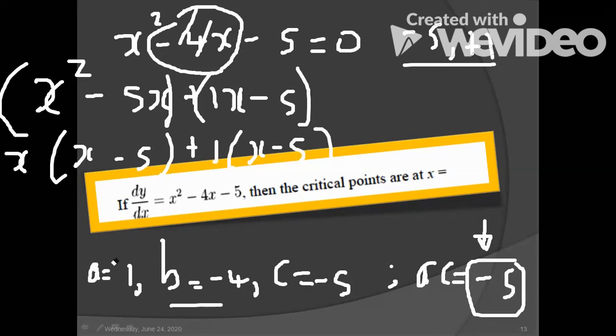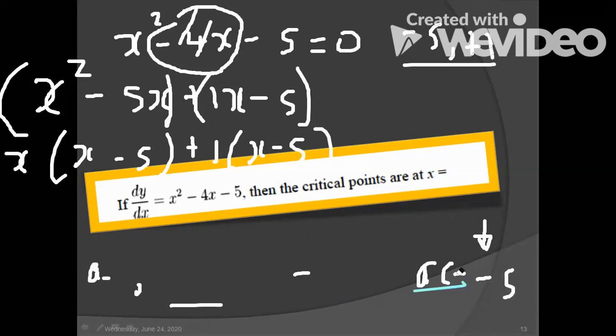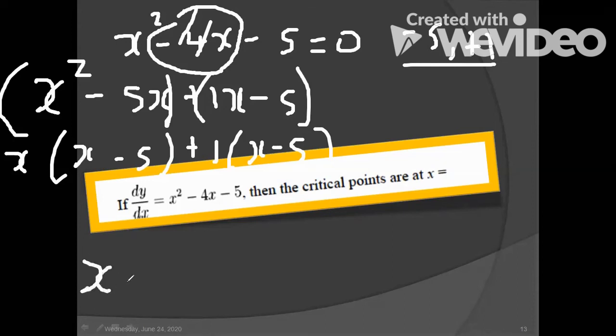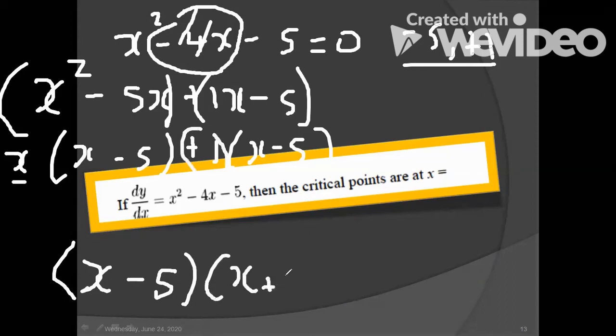Okay, so now since we have x minus 5 and x minus 5, it's common, not true? And because it's common, we're going to factorize it out. What's left now is this x and this plus 1. It's x plus 1.